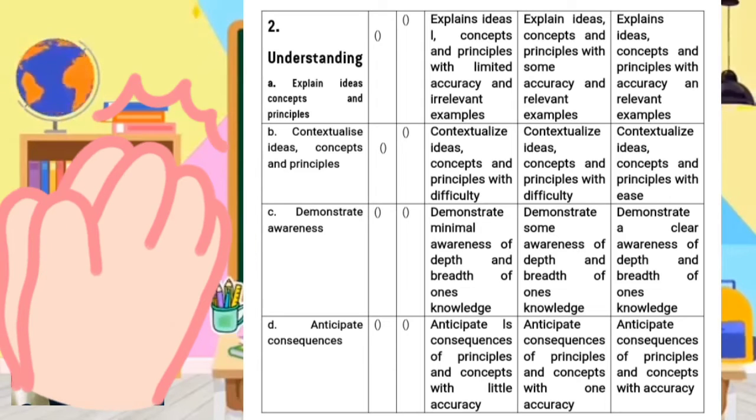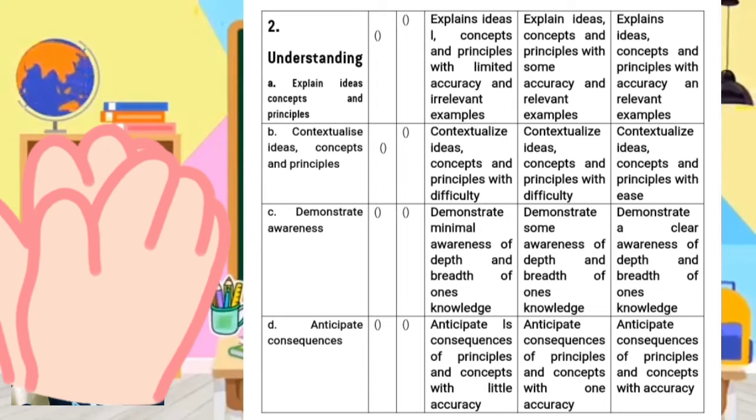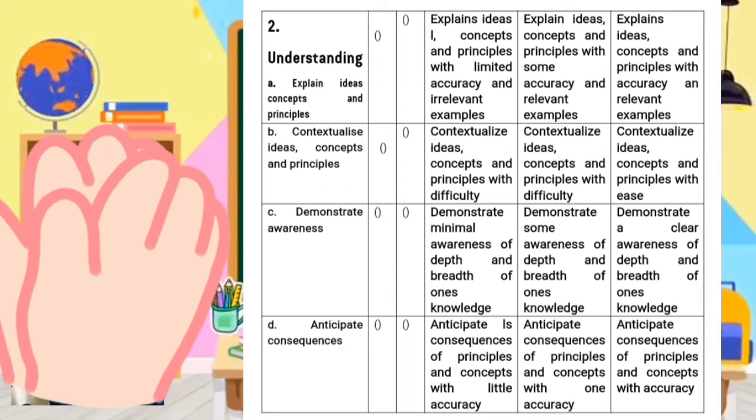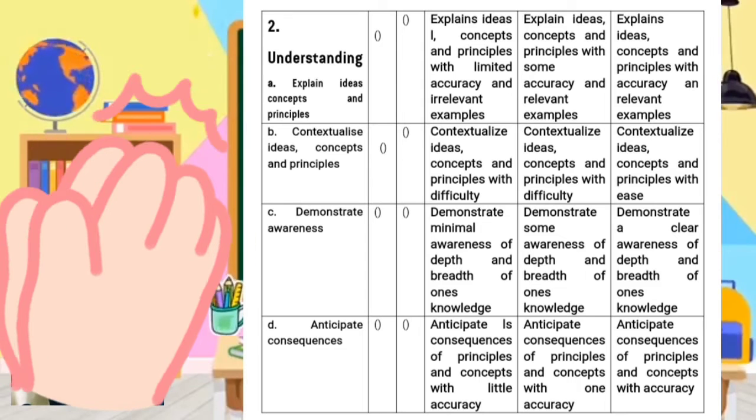Next is demonstrates awareness. So demonstrates minimal awareness of the depth and breadth of one's knowledge. Demonstrates some awareness of depth and breadth of one's knowledge, and demonstrates a clear awareness of the depth and breadth of one's knowledge.